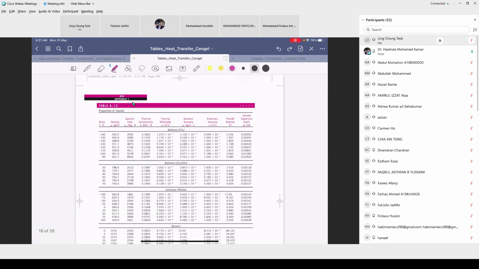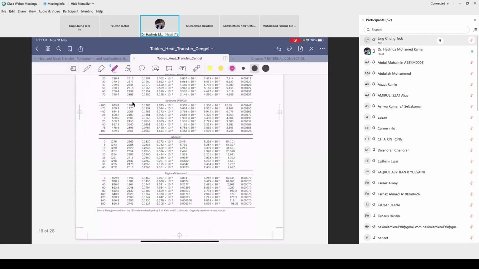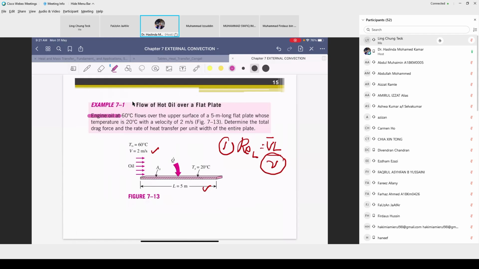Okay, this table. If you look at oil, this all is isobutane, which is unused. This one is oil. Can you see the reference value is temperature? If we go back, the temperature is the film temperature.